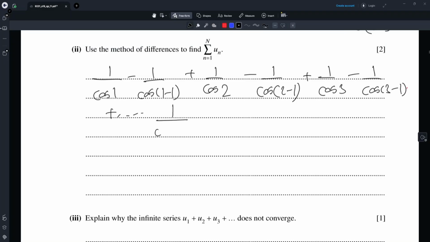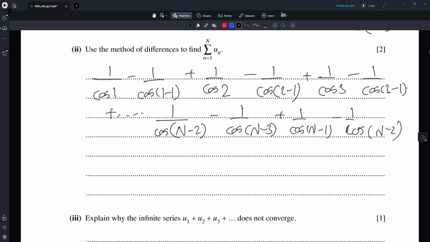Then 1 by cos n minus 2 minus 1 by cos n minus 3, plus 1 by cos n minus 2 minus 1, and then plus 1 by cos n minus 1 by cos n minus 1.